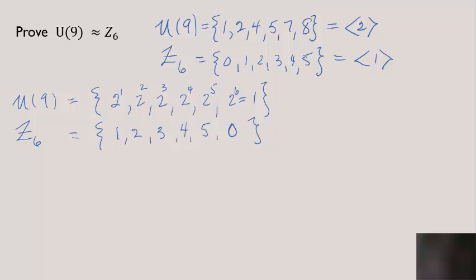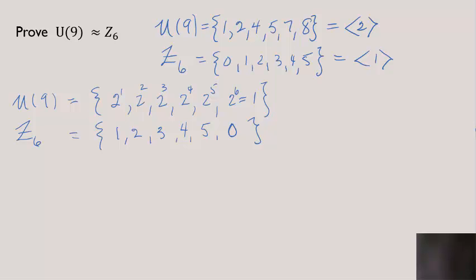If we look at U9 as powers of 2, 2 squared, 2 cubed, 2 to the 4th, 2 to the 5th, and 2 to the 6th equals 1. And then we look at Z6 as multiples of 1, 1 plus 1, etc. The mapping becomes a natural mapping that you can see quite easily.